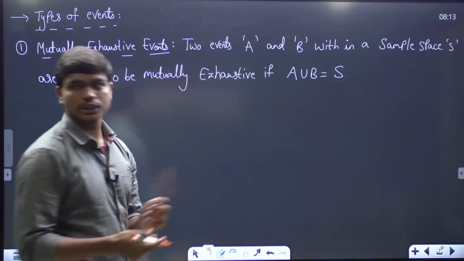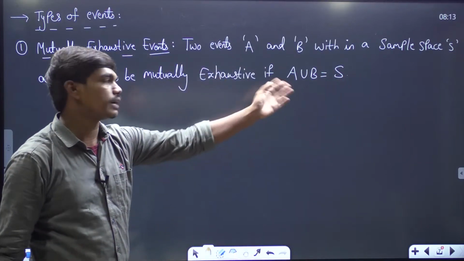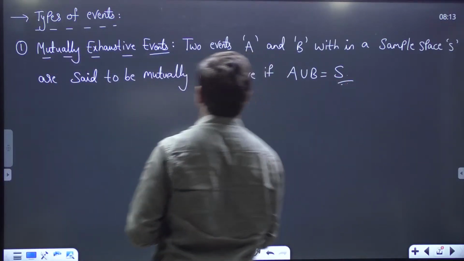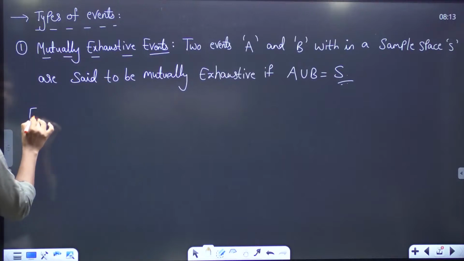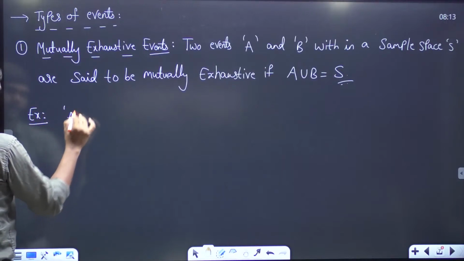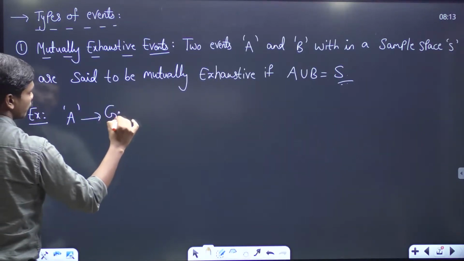Means if you combine these two sets, A and B, you'll get the sample space again. Then you call the events mutually exhaustive events.